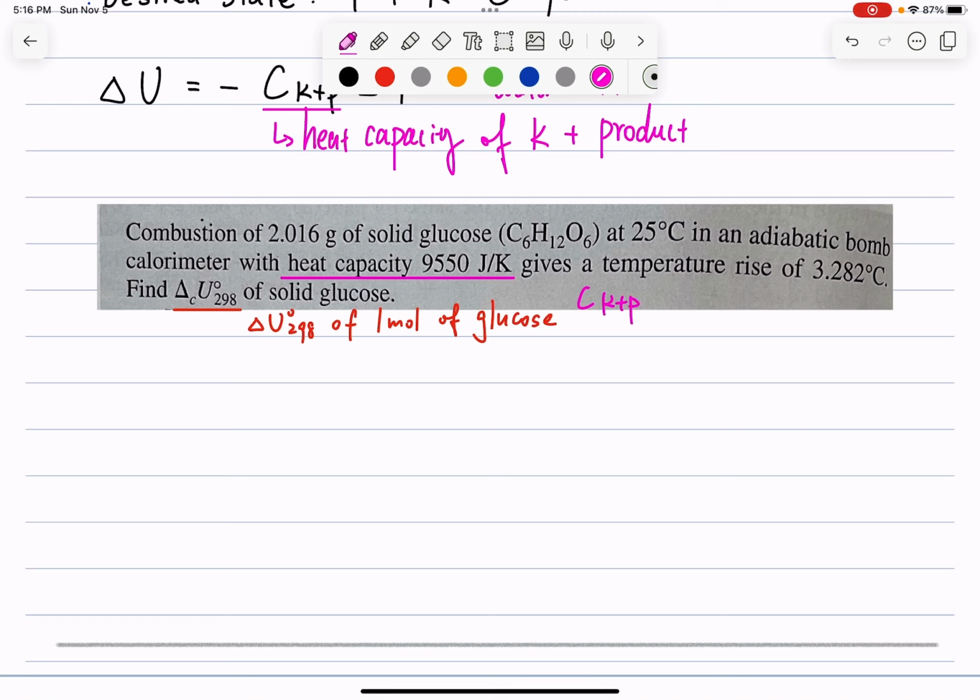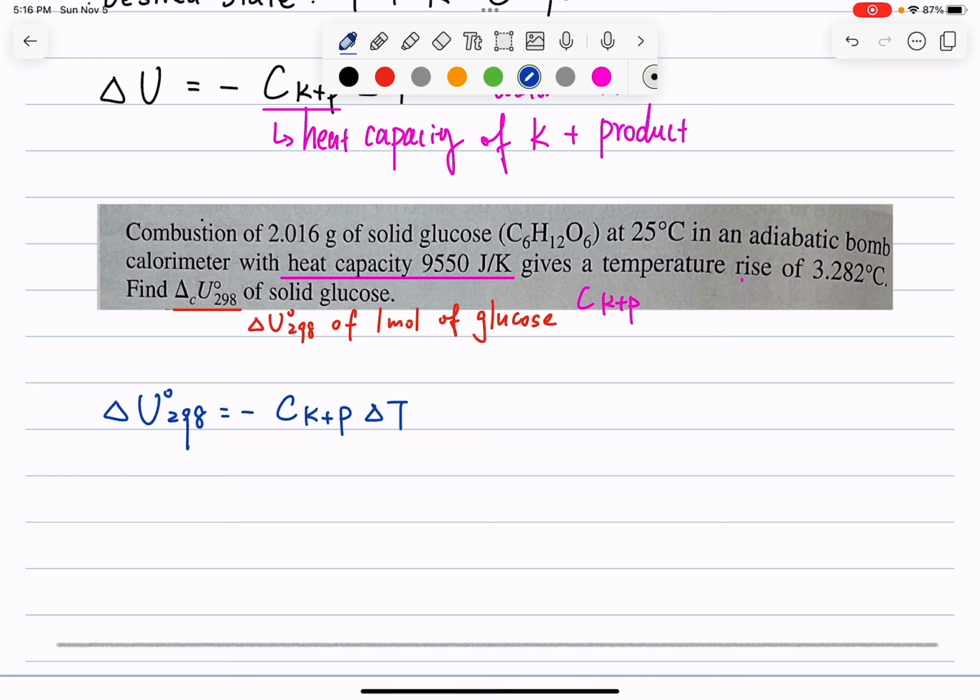And in the process, we have a temperature rise of 3.282 degrees Celsius. So effectively, delta U naught at 298 equals negative of the heat capacity of your calorimeter times the change of temperature.